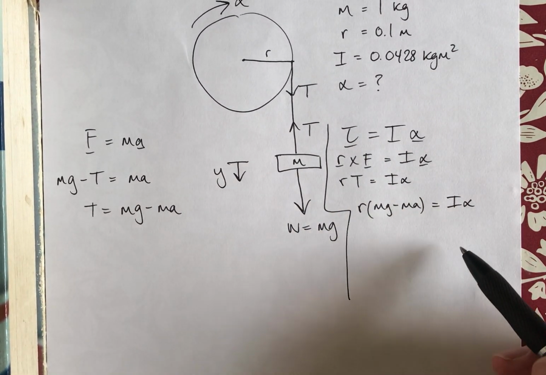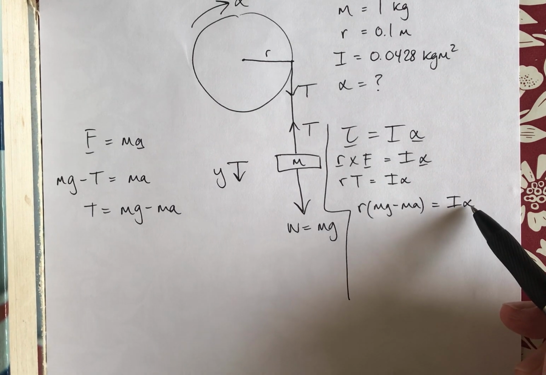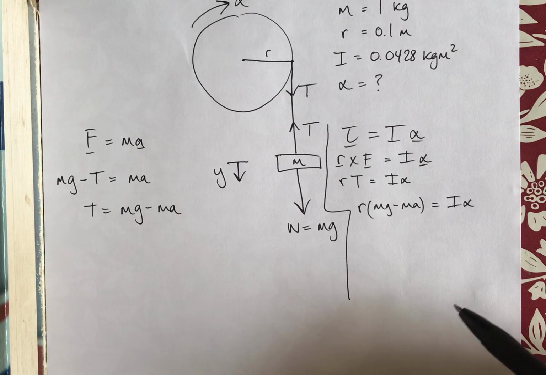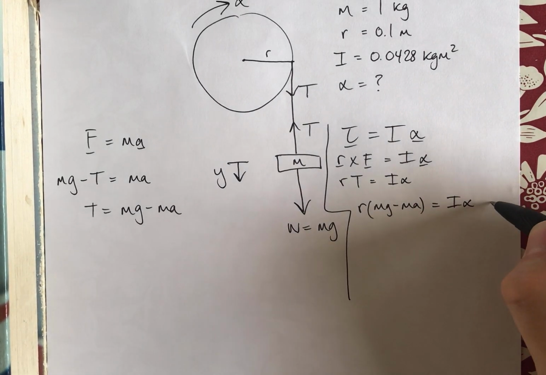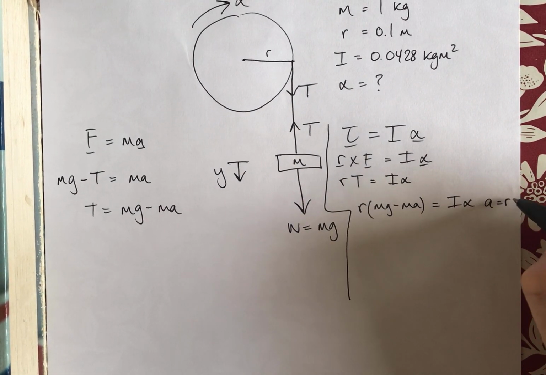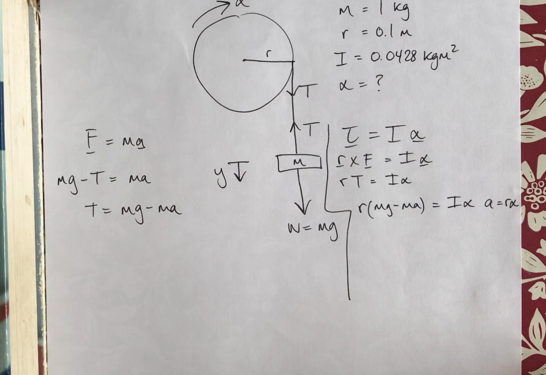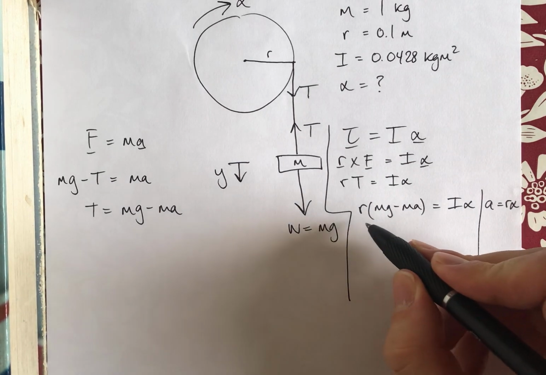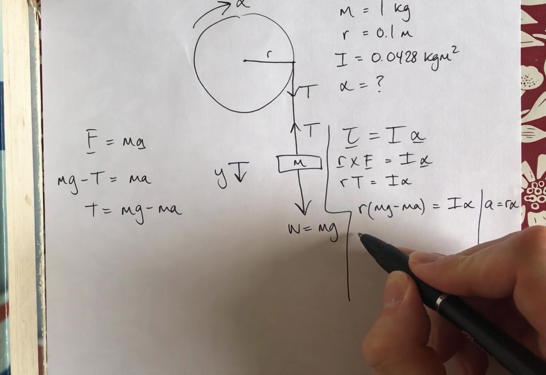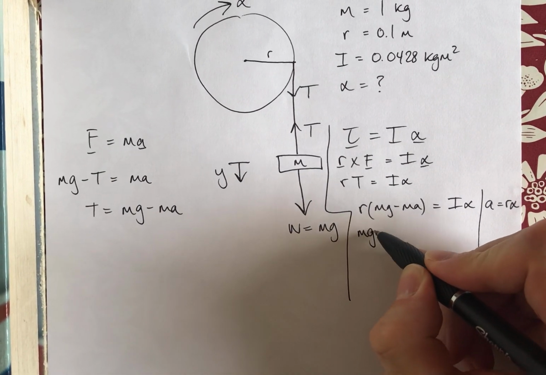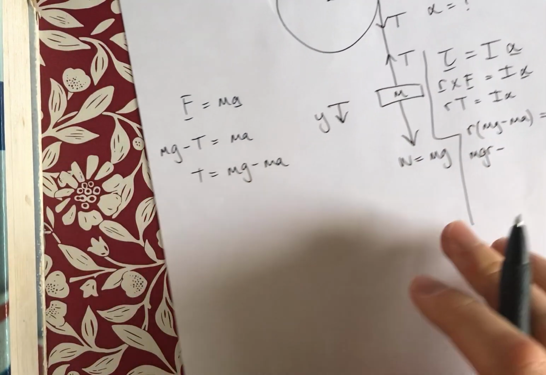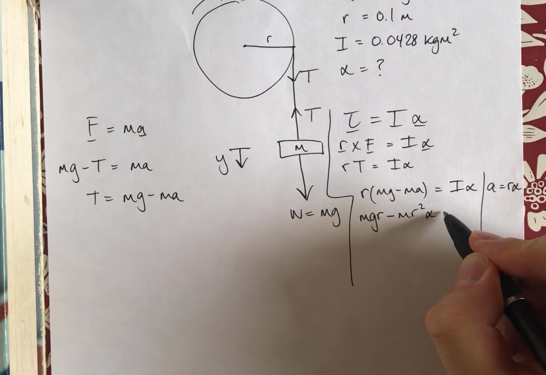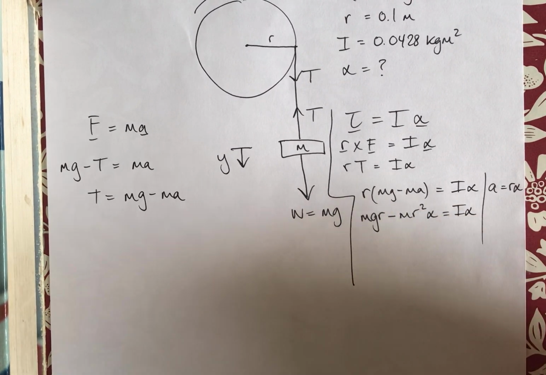There is a relationship between the angular acceleration alpha and the linear acceleration a, and that's just a is equal to r alpha. Okay, cool. So now we're going to substitute that in. So we have mgr minus m r squared alpha is equal to I alpha.